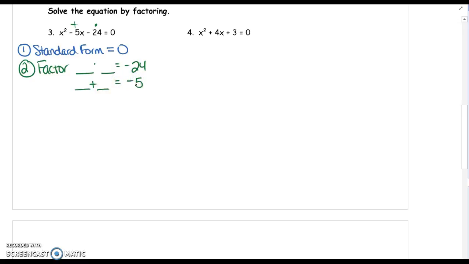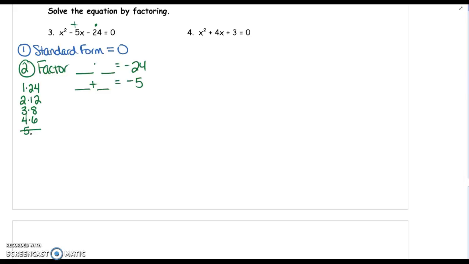So same as we've been doing, write down all of the factors of 24. 24 divided by 1 is 24. 24 divided by 2, someone with the calculator, what's 24 divided by 2? 12. 24 divided by 3 is 8. 24 divided by 4 is 6. 24 divided by 5 is a decimal. 24 divided by 6 is 4, and that's already listed there, so that's our list of numbers.